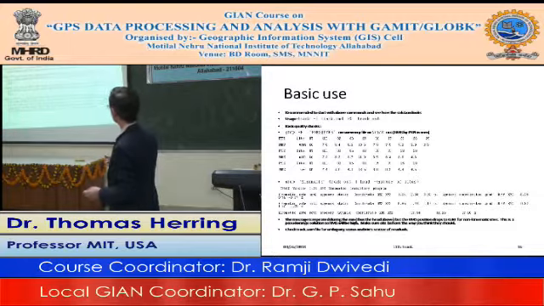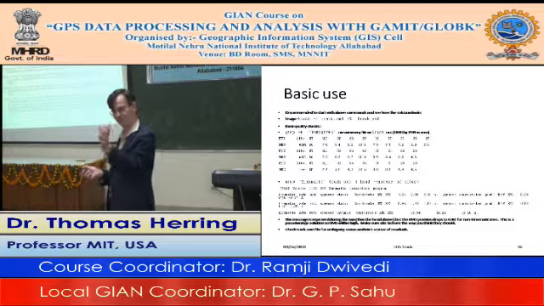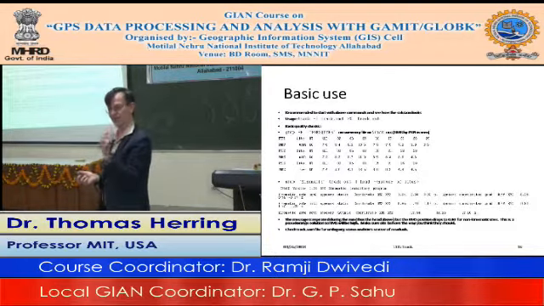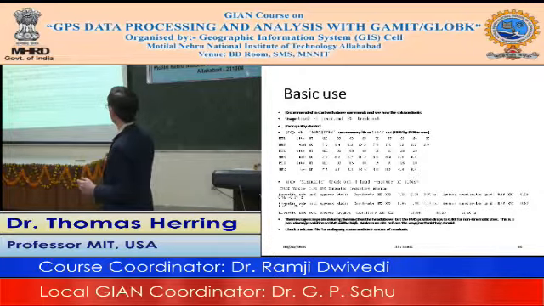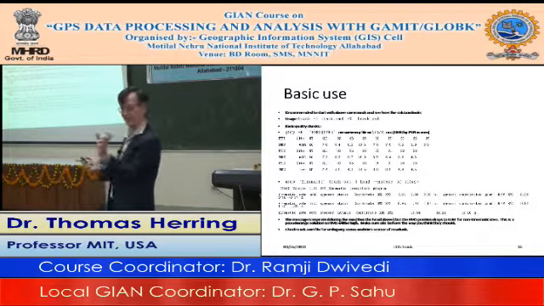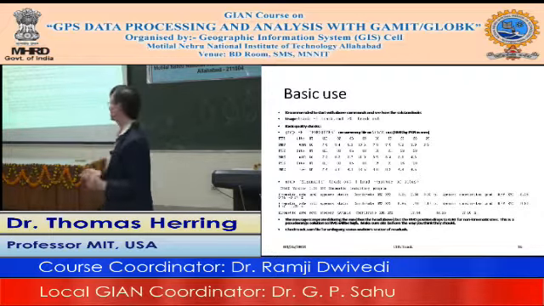If you remember when we did GLOBK, we had the option of putting things at the beginnings of the lines which would allow them to be replaced. Well, track has a similar feature, which you can give with -d, and it's typically the day of year. So it's basically referencing the RINEX file day of year. Then inside the command file, you have a string, day, and it gets replaced with whatever you put in here.